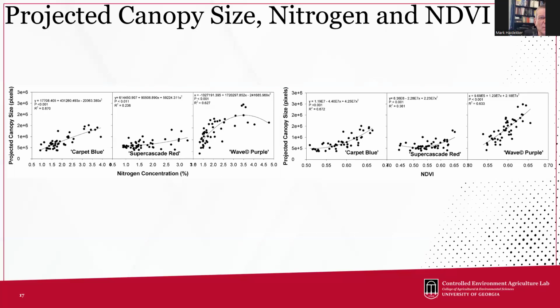And then the projected canopy size against the NDVI, that was to try to get a little bit more insight in an instance where a lot of commercial growers will have a ton of plants per tray and there will be a huge amount of overlap. So they can get an NDVI of the area of the whole tray, but they can't necessarily get individual plant sizes.